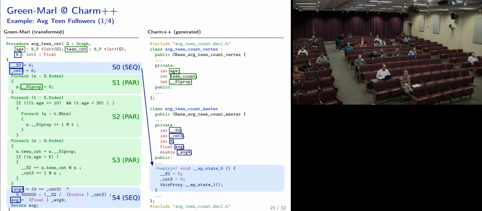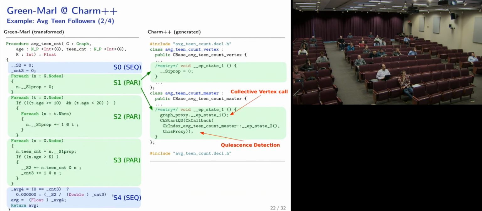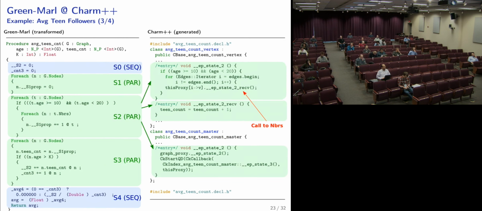Here what we see is that each state is represented by an entry function in the master or vertex classes. If we have, for example, a for each loop, it is represented in master and in vertex as well. If we have a nested for each, we have two separate entry methods in the vertex class, and the second one, which is called with the suffix receive, is called from the first one.